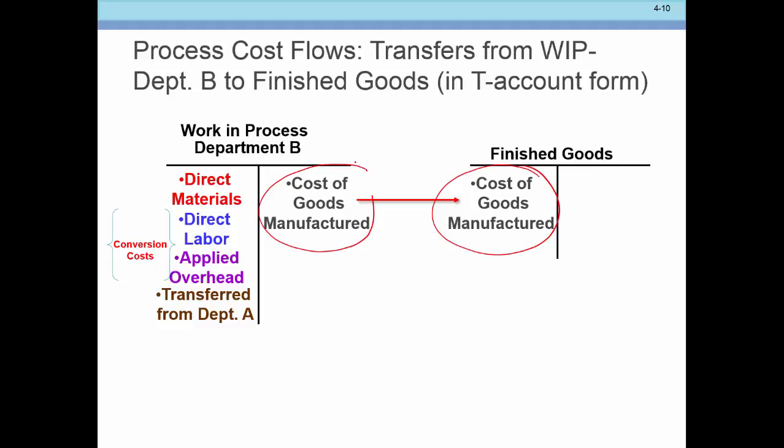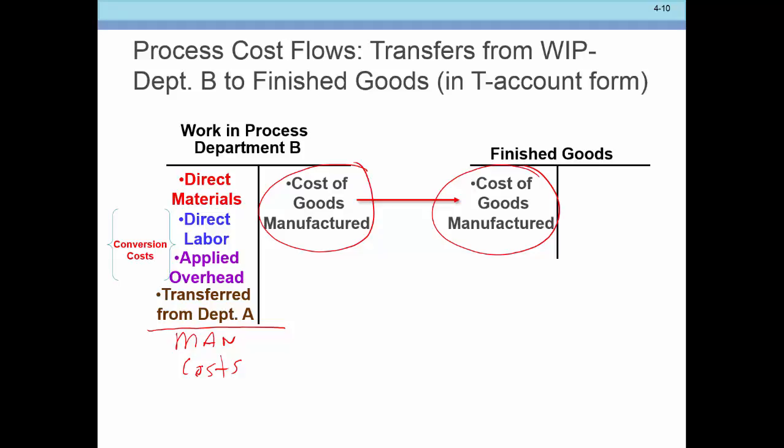Cost of goods manufactured is the cost of things that come out of my work in progress and go into my finished goods. By the way, what do we call this total, everything that went into work in progress, even though it doesn't show it here? Remember we called those our manufacturing costs: our direct materials, our labor, and our overhead.